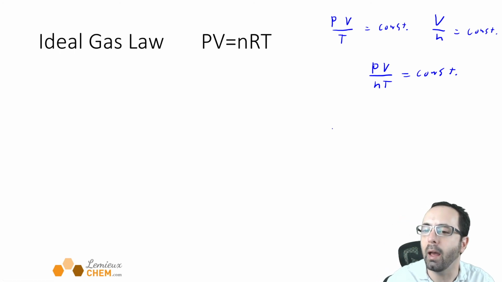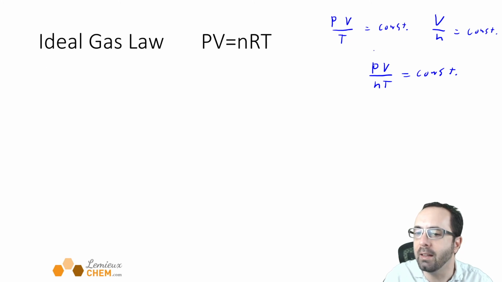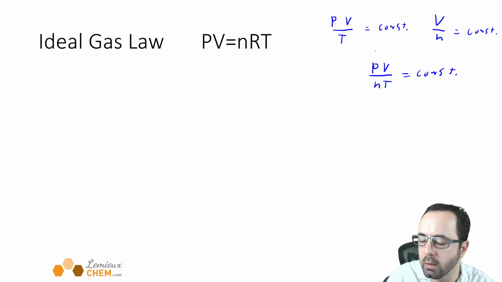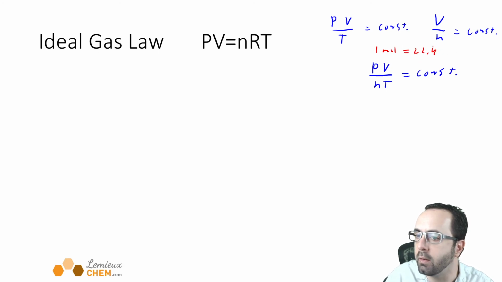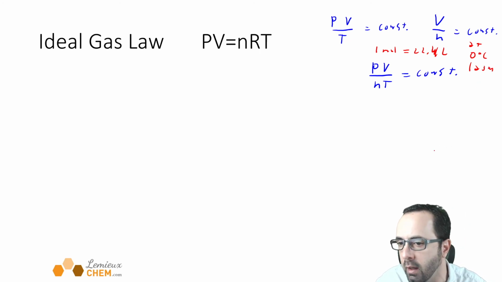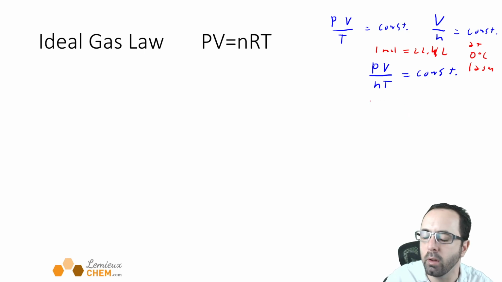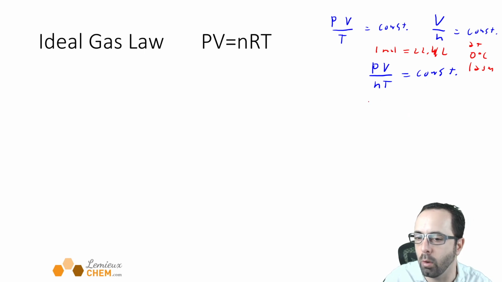What we also had was that at STP, 1 mole of gas equals 22.4 liters at 0 degrees Celsius and 1 atmosphere pressure. And 0 degrees Celsius is 273 Kelvin. So let's say we put these all in and calculate what we have.